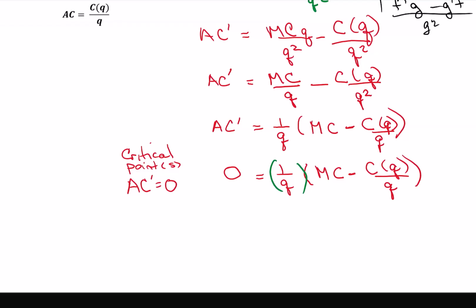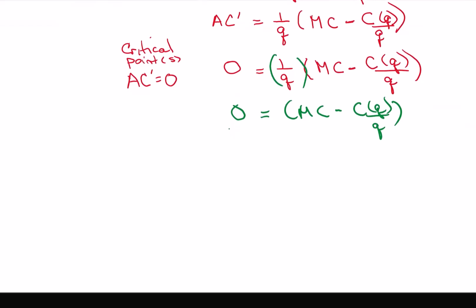And I know for sure that 1 over Q cannot be equal to 0 because there's no value of Q I can put in there to make it equal to 0. So that means that 0 has to equal MC minus the cost over the quantity, which again means that the marginal cost is equal to the cost over quantity.